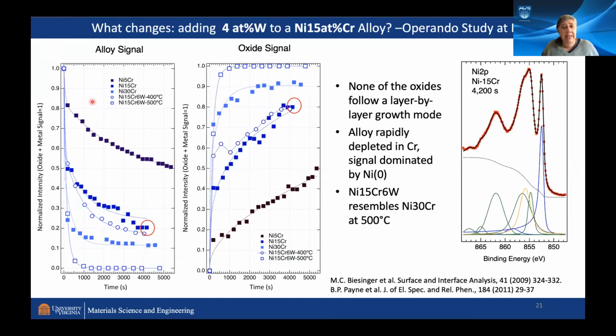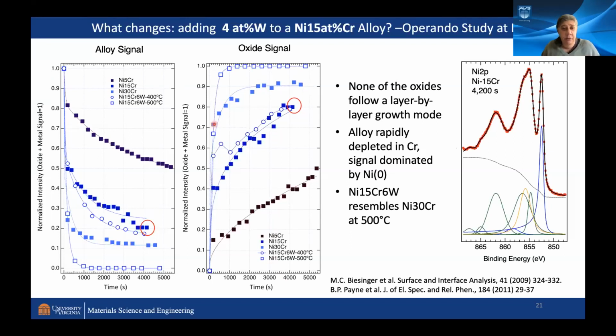If you look at the oxide signal, and this is the complete oxide, the nickel oxide and the chromium oxide and the tungsten oxide added up together, you can see that the more chromium we put in there, the more rapid your oxidation happens.